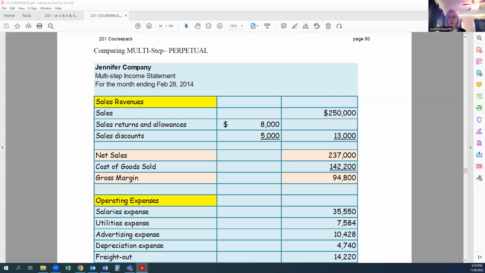And I just put that in the chat. And what that means is you pay in 30 days. That's when this bill is due. But if you pay in 10 days, I'll give you a 2% discount. So that's all that's saying. Okay. So those are contra revenue. We want that information. Typically, a merchandise company wants that information as opposed to just reducing sales.